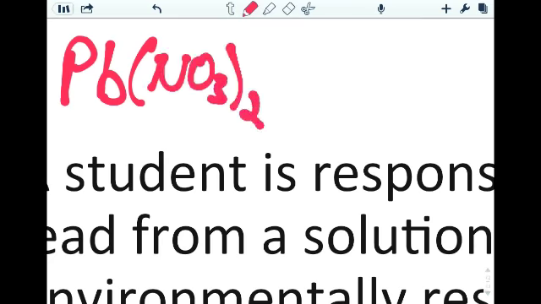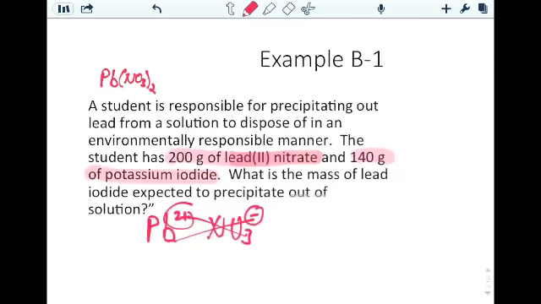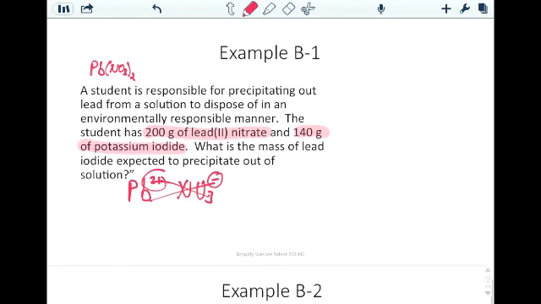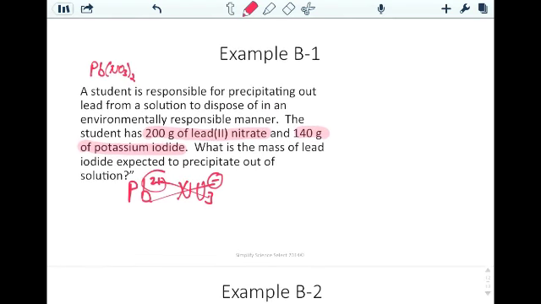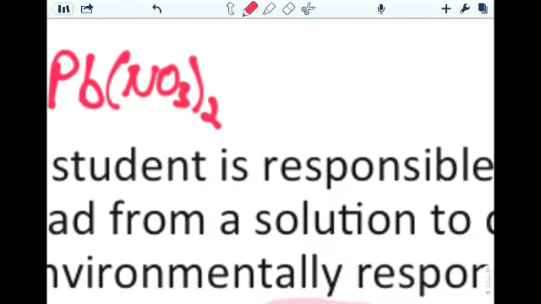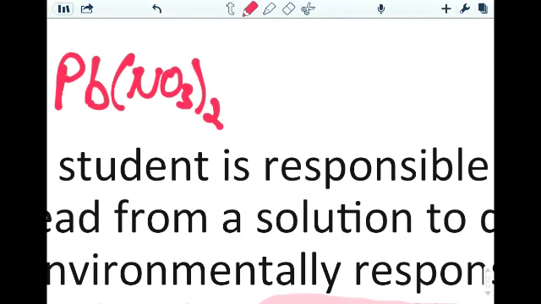Okay, our next reactant that we have is 140 grams of potassium iodide. So it's just potassium, which has a positive 1 charge, iodine, negative 1 charge, and we crisscross and we get KI. So that's our other reactant, plus our potassium iodide.